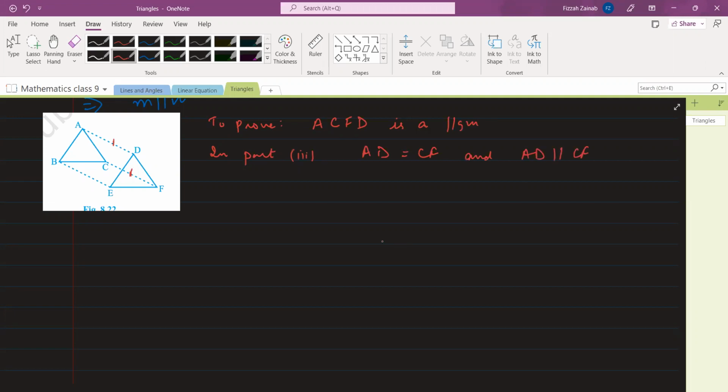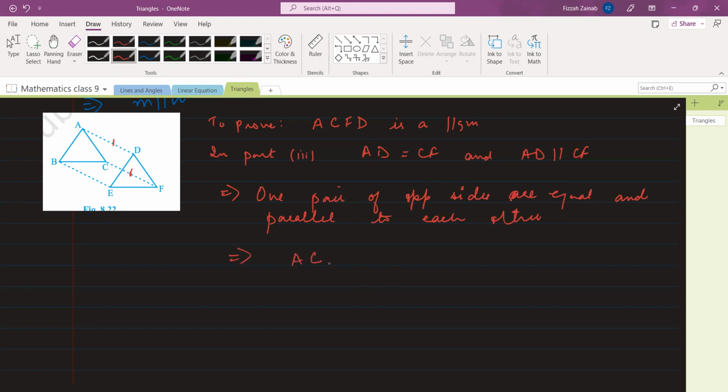So again, the theorem we can use is that one pair of opposite sides are equal and parallel. So we can say it's a parallelogram, right? So this implies that ACFD is a parallelogram.